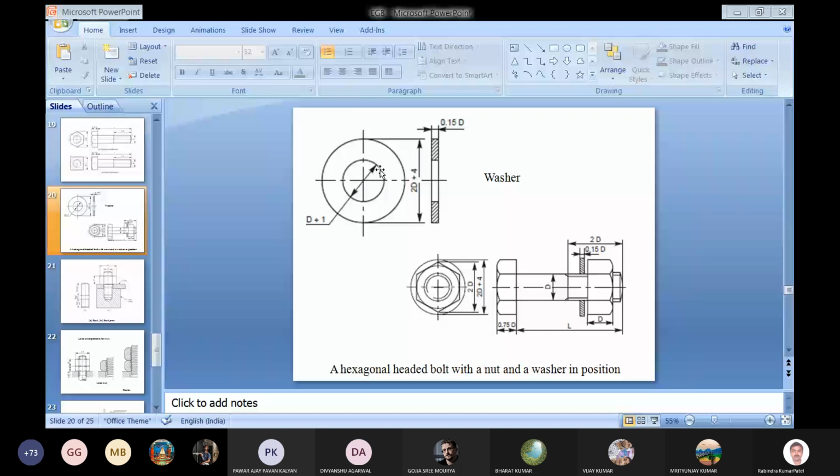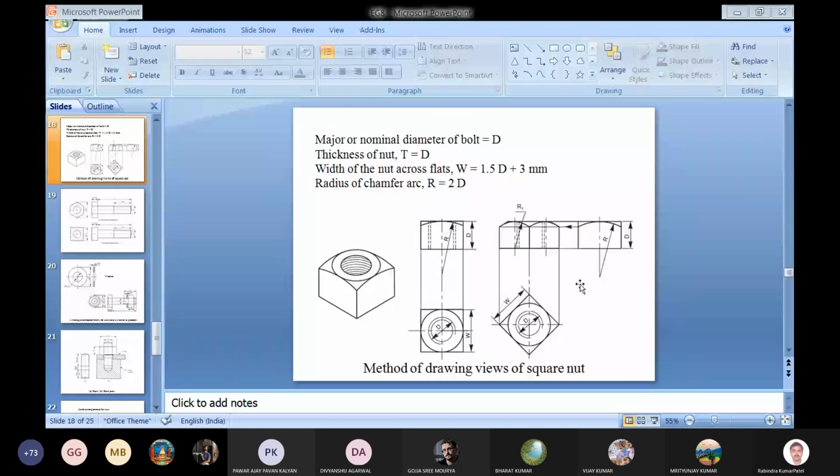The dimensions of the washer can be given in terms of capital D, which is the nominal diameter of the bolt. So these are the specifications, and we use the washer at those locations. Here I think in this figure also a washer is there. Okay, the washer is not there.